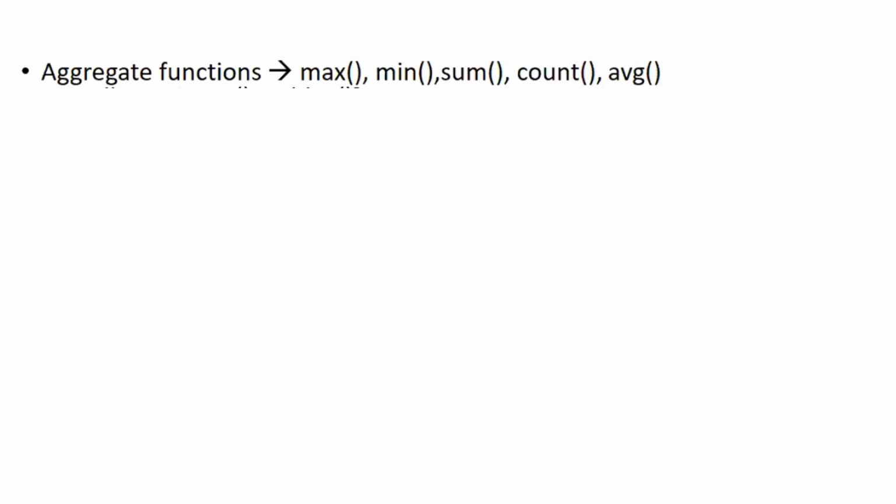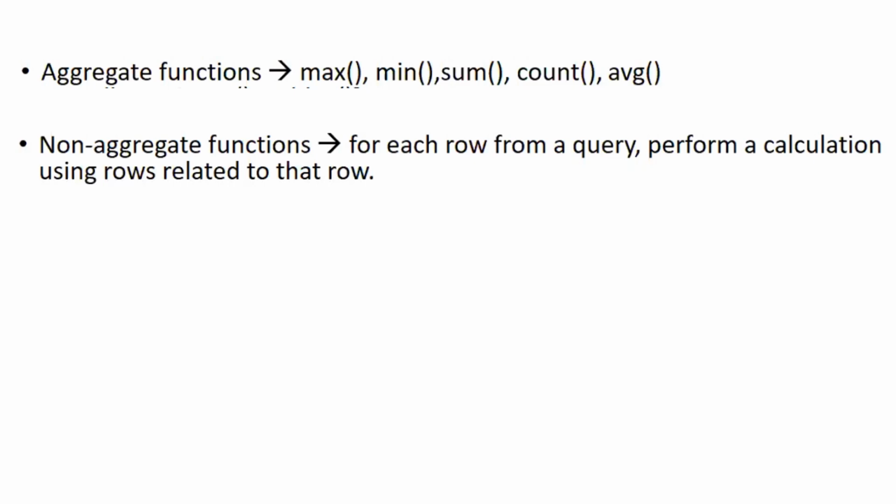When we talk about aggregate functions, all the traditional SQL aggregate functions, that is max, min, sum, count, average, can be used as Windows functions. And then there come non-aggregate functions, which can be used for ranking of data or looking at the percentage distribution, etc.